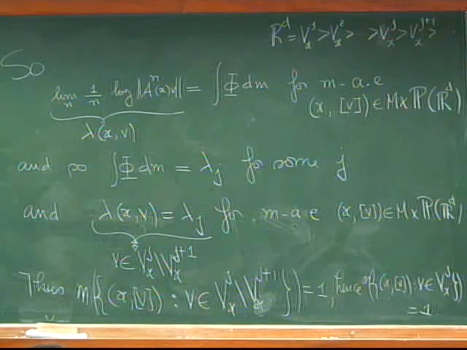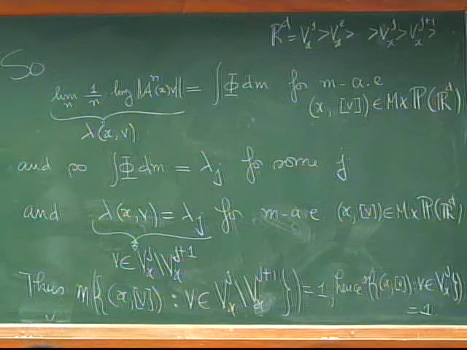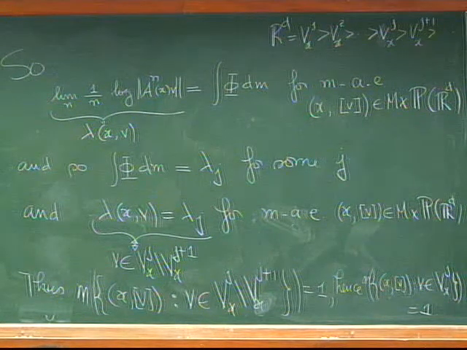It's a little bit tricky to look at this proof because in the end it's just definitions. The only thing that is not a definition in this proof is the Birkhoff ergodic theorem.